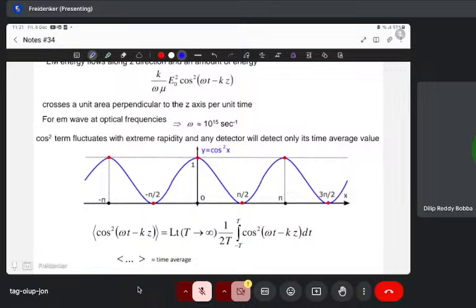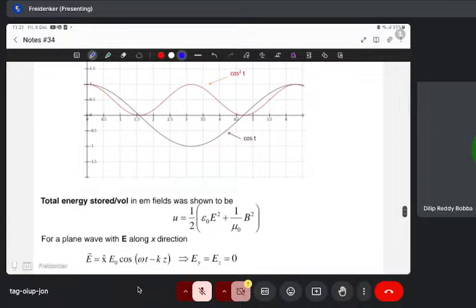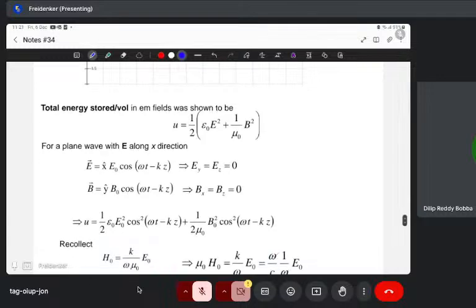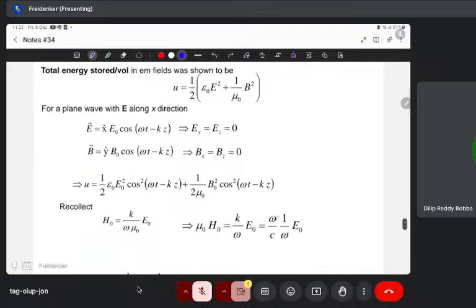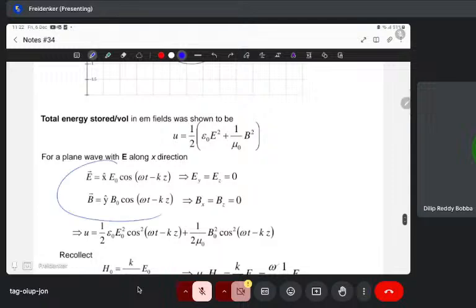Average of cos square, isn't it half? I think it's half. Maybe, I don't remember, let's see. Energy density, fine. You're going fast. If you know E, you know how to write B. Okay, they're substituting these values in U.